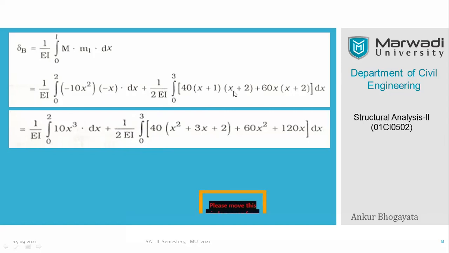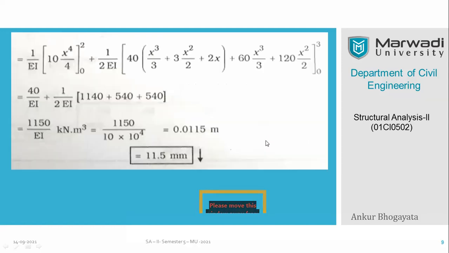When you multiply these two brackets, it gives you x square plus 3x plus 2 as an expanded term, and 60 square, 120 into x, which is the multiplication of this simple step. So this is how we have obtained this 11.5 mm. The people who have calculated this must have thought about it correctly. So you are right.